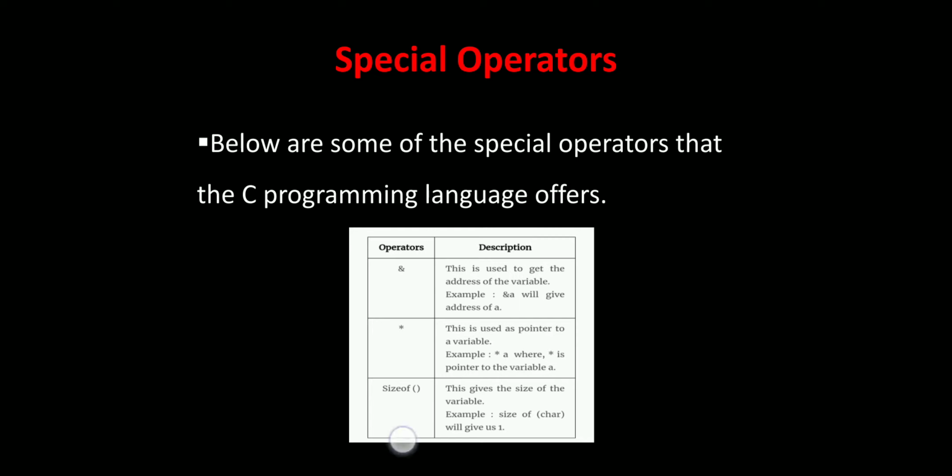The sizeof operator gives the size of a particular variable. For example, sizeof char will give us 1. The answer is 1. These 3 are the special operators used in C.